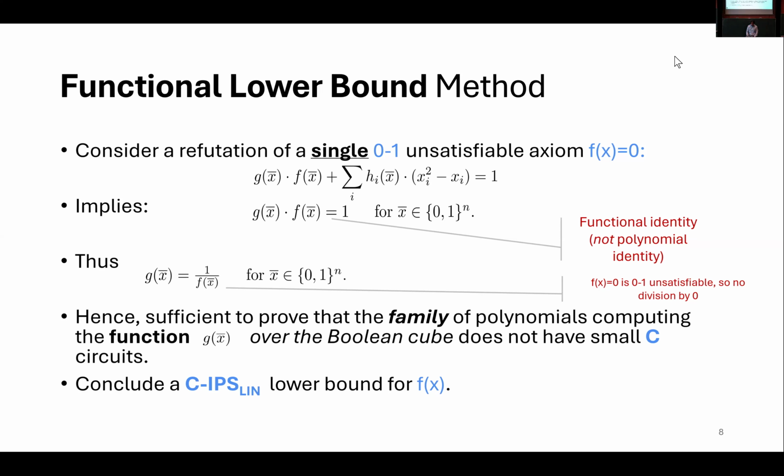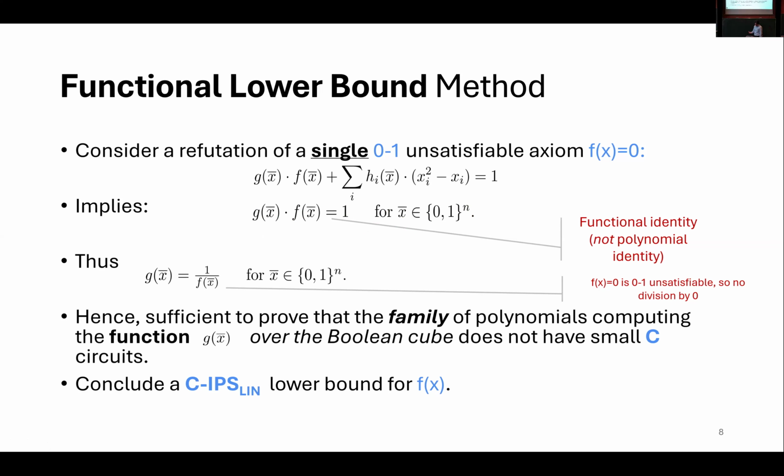So in order to prove a lower bound, notice that this is a polynomial identity, and this is a functional identity. This just equals 1 as a function on the Boolean cube. There's a family of polynomials that will have this property, not only 1. So we just divide, and we have G equals 1 over F on the Boolean cube.